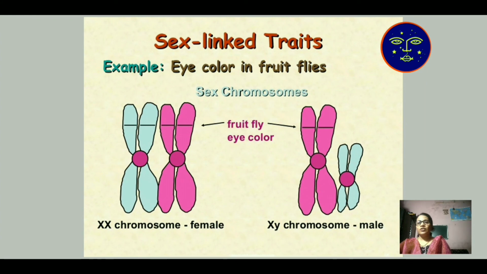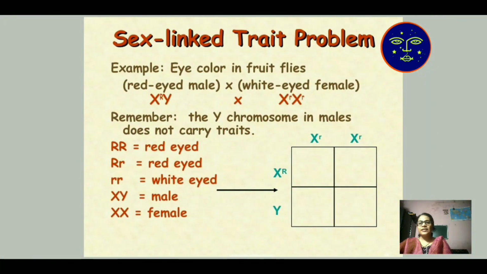The eye color of the fruit fly. The fruit fly is a small organism. The XX chromosome is designated as the female and the XY chromosome is for the male. Y is designated as small in size. Now a sex-linked trait problem. For eye color in fruit fly, a red-eyed male is crossed with a white-eyed female.